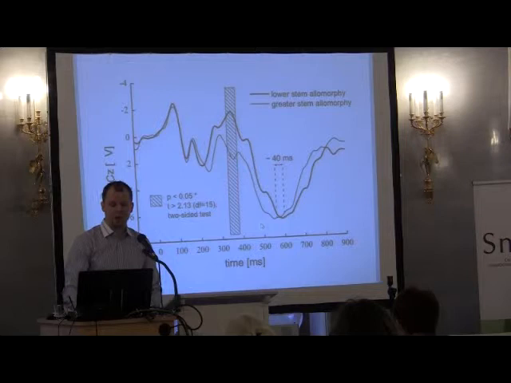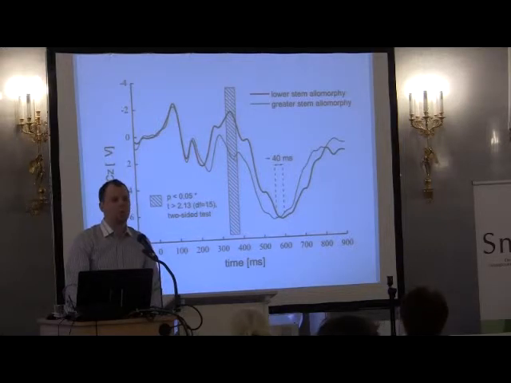And the other thing that you can see is a reduced N400 component for words with greater stem allomorphy, which is predicted by many other studies that argue that if you see some facilitation in lexical decision, then you can find a reduced N400.